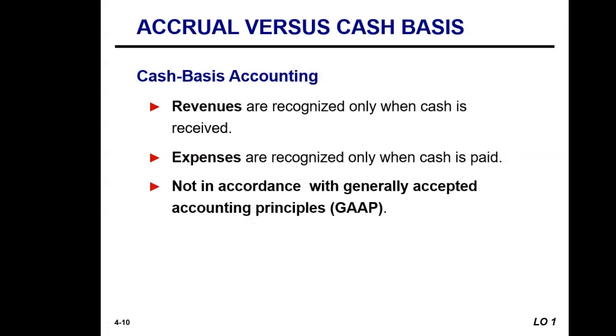In contrast, we have what's called the cash basis of accounting. With the cash basis of accounting, it is contingent upon an actual cash transaction taking place. The cash basis says recognize revenue only once cash has been received and record your expenses only once cash has been paid out.